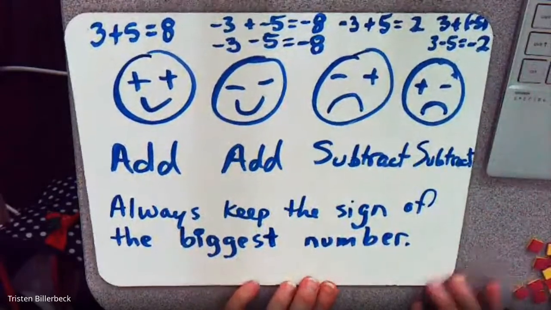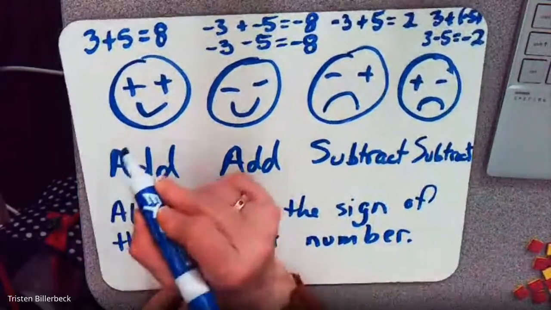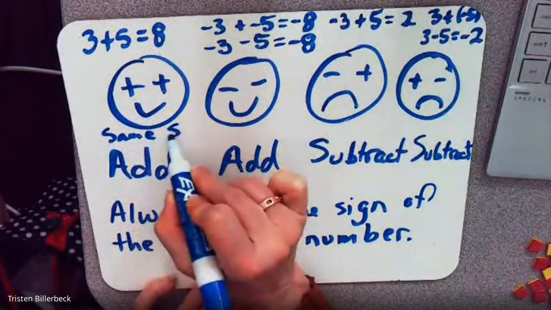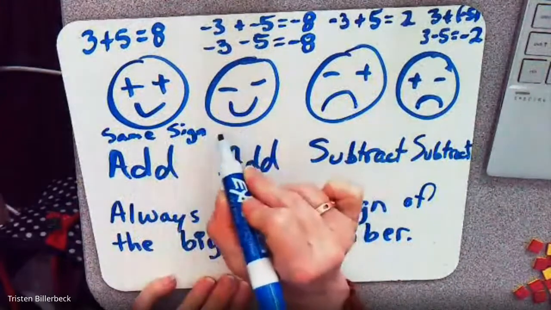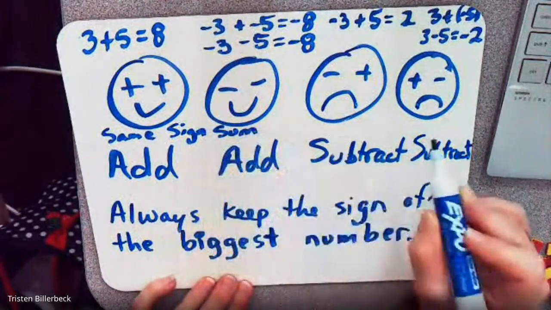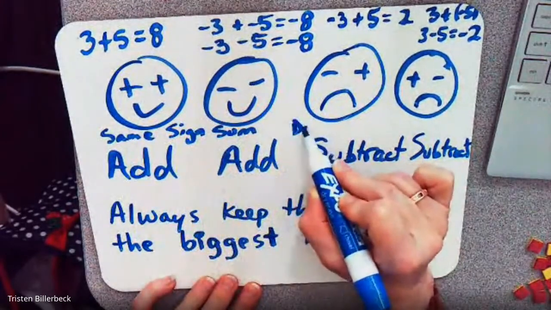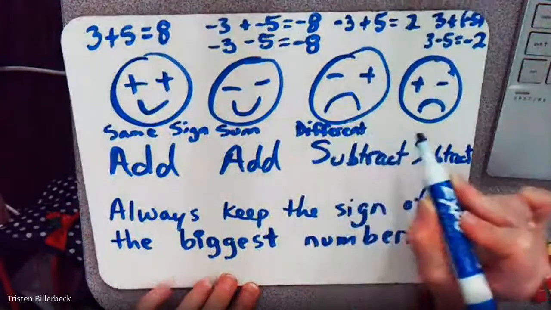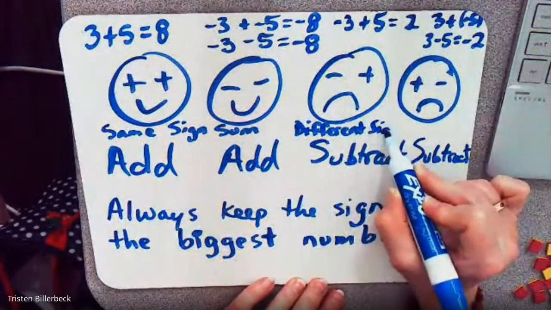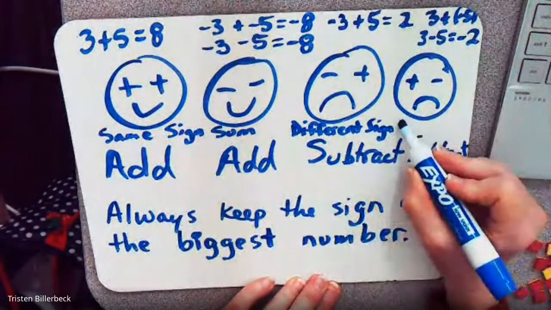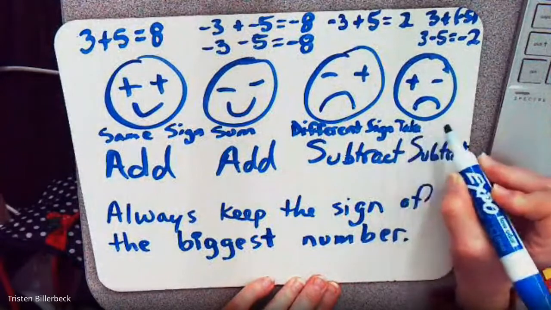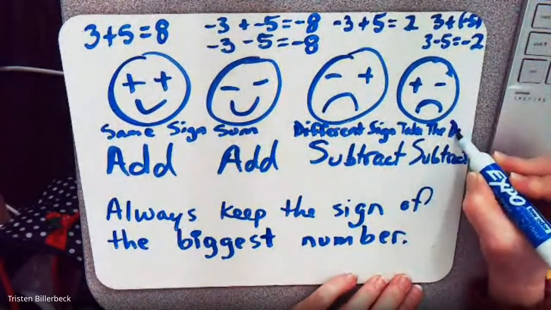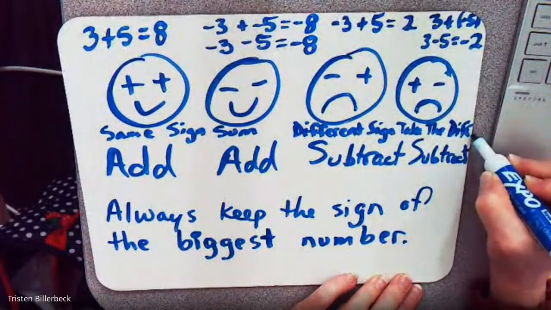Okay, so same sign sum, and different sign take the difference. Diff is abbreviated for difference.